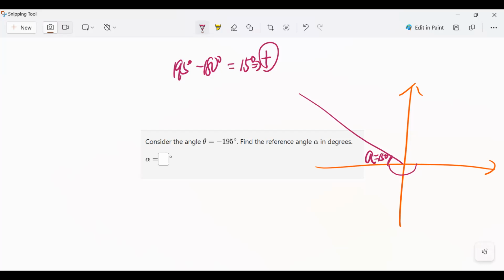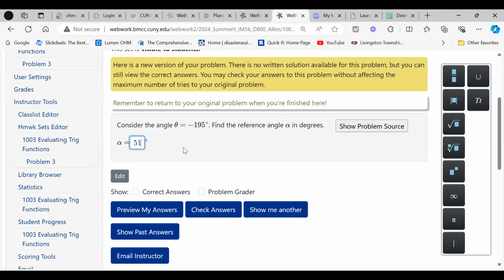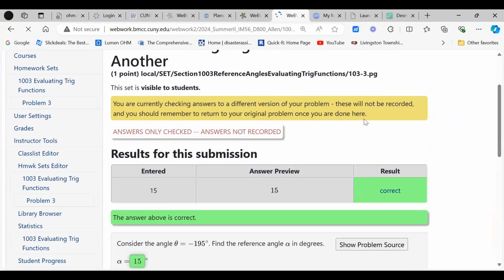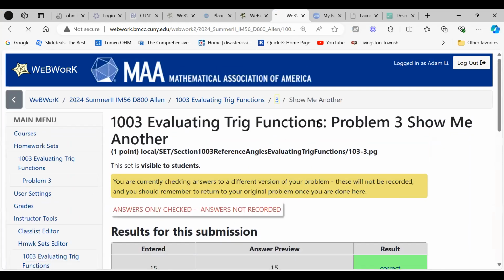It intercepts the negative side of the x-axis because it's located in the second or third quadrant. Any question about this? Check the answer, it should be good. Okay, let's move on.